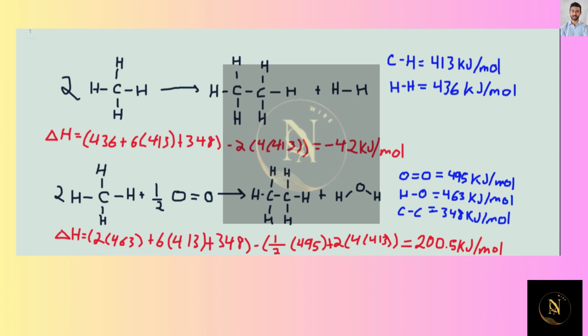So in case A, we're creating ethane and we're creating H2. In this case, we're using methane and oxygen to create ethane and H2O.